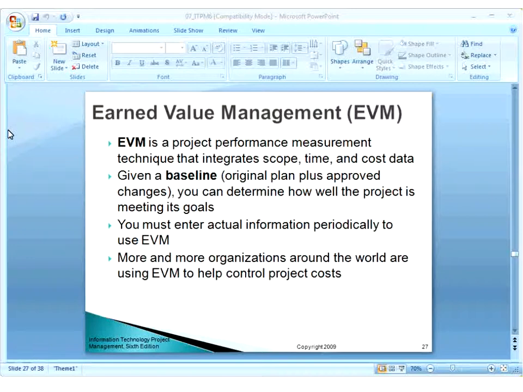So with the baseline, you can determine how well the project is meeting its goals. You enter actual information periodically to use earned value management, and more organizations around the globe are using EVM to help control project costs. EVM is a performance measurement technique by which you can see how your project is going, because it is integrating scope, time, and cost data. You can determine the health of your project by using this technique.